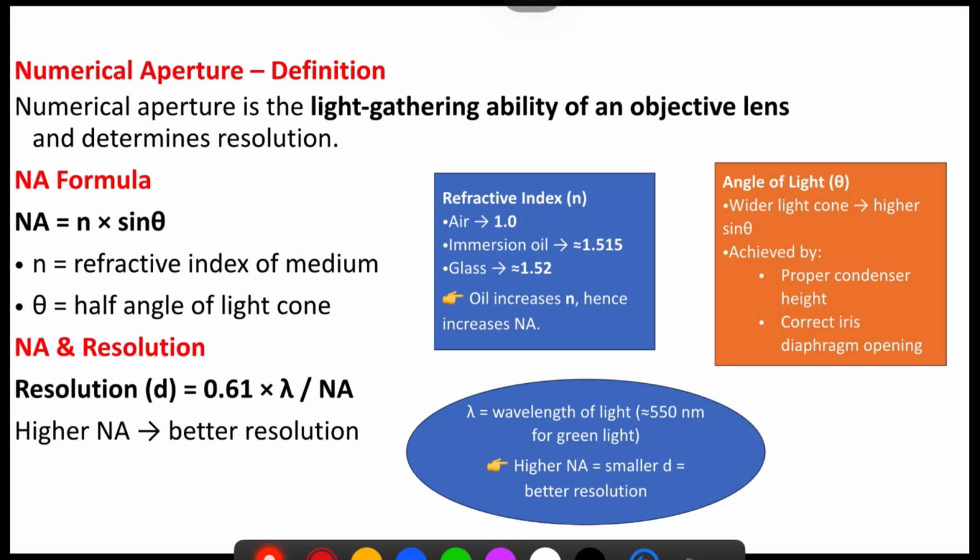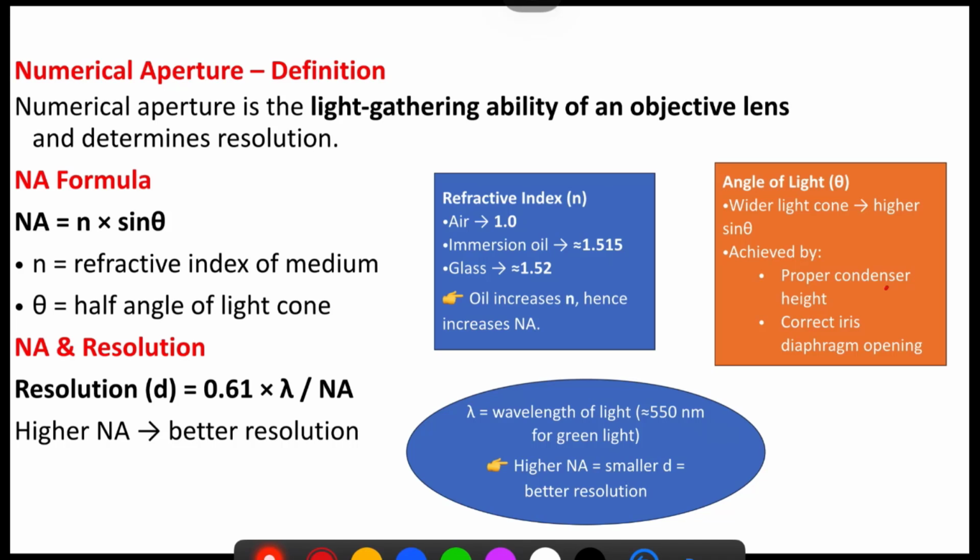Now theta, the angle of light. A wider light cone means higher sin theta. So it is achieved by proper condenser height and correct iris diaphragm opening. So numerical aperture and resolution: resolution d is equal to 0.61 into lambda divided by numerical aperture.